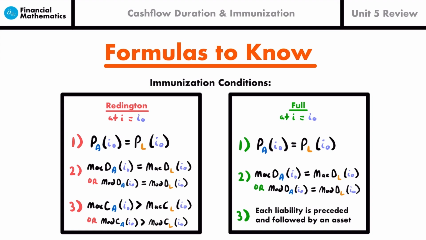You should have an asset liability sandwich where the assets are the buns and the liability is the meat. One liability should be in between two assets for your entire set of assets and liabilities in order for full immunization to be possible. The other two conditions also need to be met, but this third one definitely needs to be met if you're going to have full immunization at a specific interest rate, i-naught.